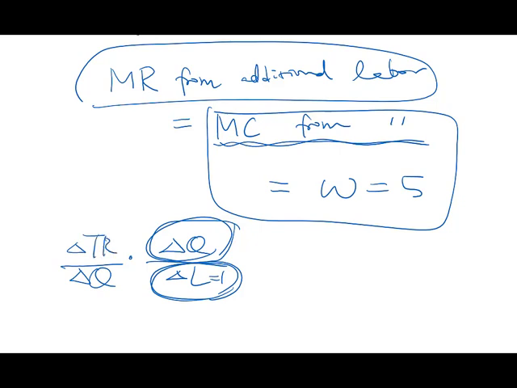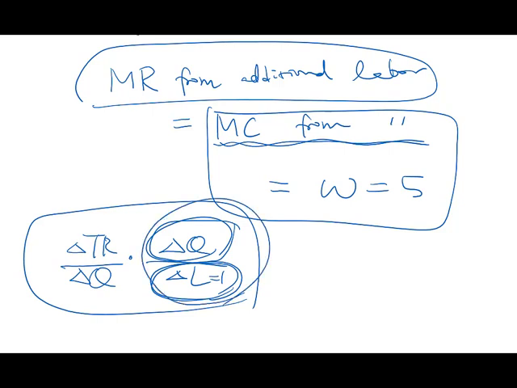So this multiplied two terms, how many units you can actually produce more by hiring one more labor, and that additional units, each unit will generate additional revenue. So when you multiply these two, basically you're calculating additional revenue by hiring one more unit of labor.